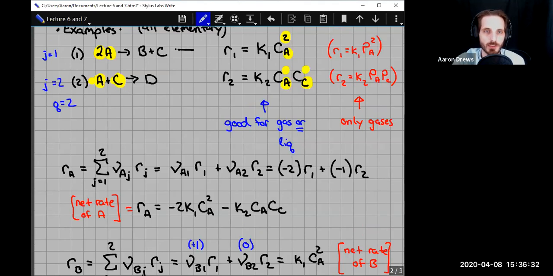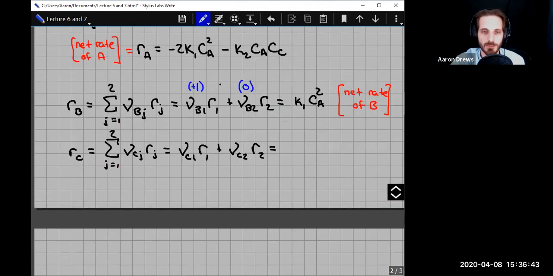For reaction 1, the stoichiometric coefficient on C is +1, and a -1 over here on reaction 2. So I just kind of have to keep those in my mind since I can't show everything on the same page, although I do have this written down nearby. So this will be K1 CA squared minus K2, concentration of A, concentration of C.